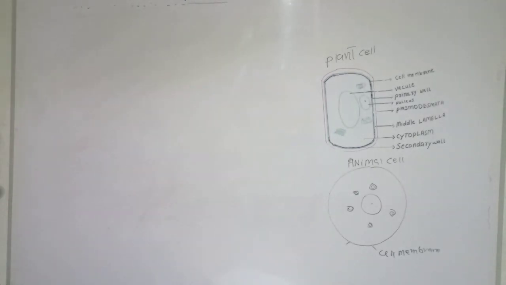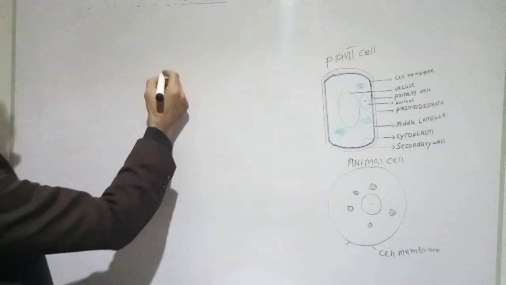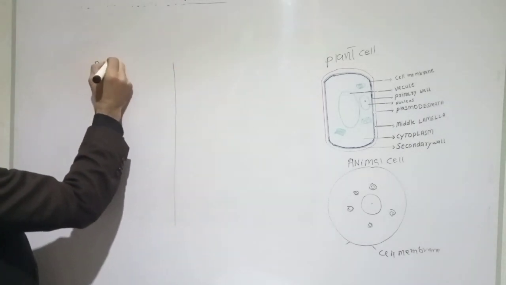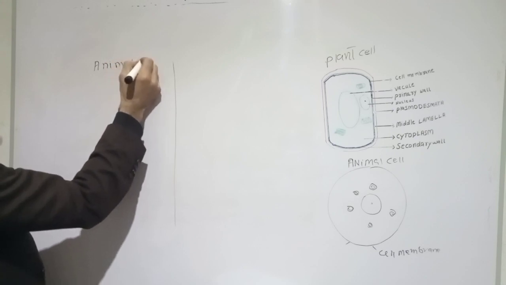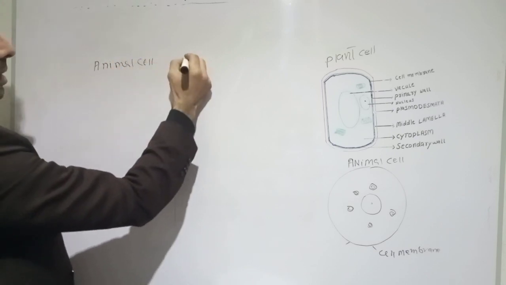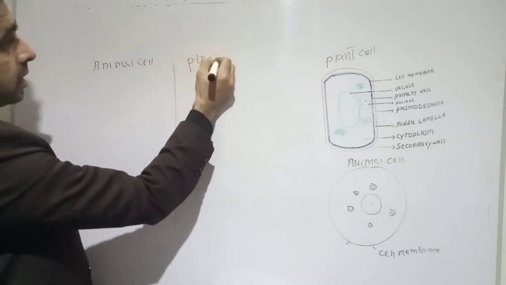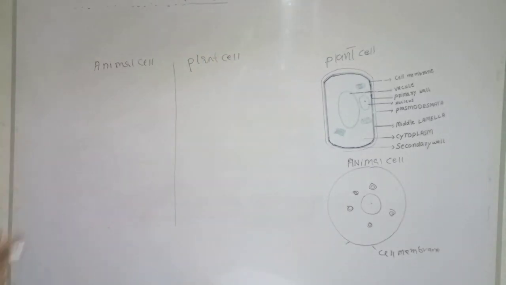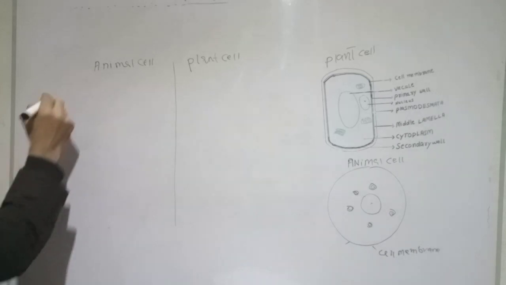Now differentiate between animal cell and plant cell. The basic and the first difference is cell wall.